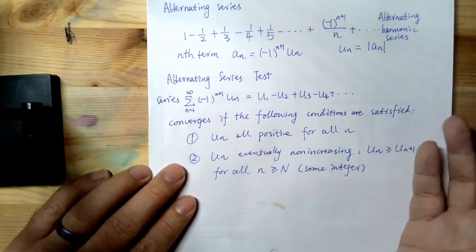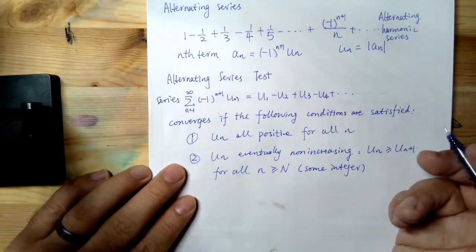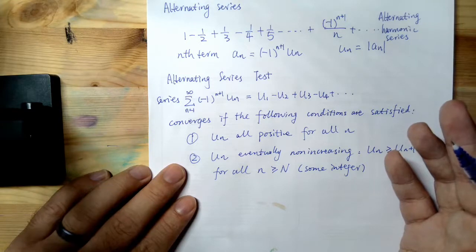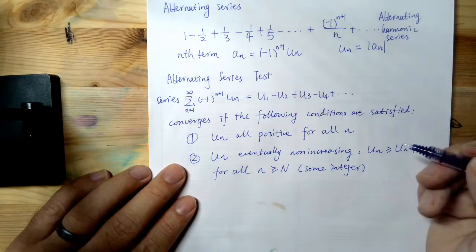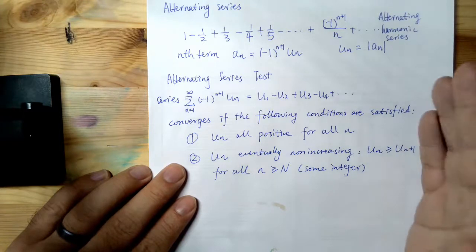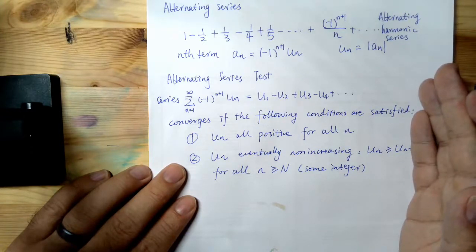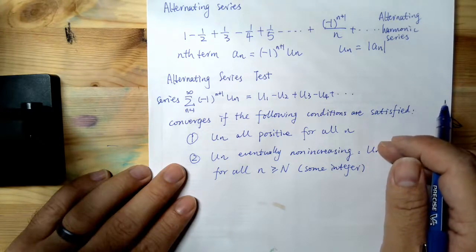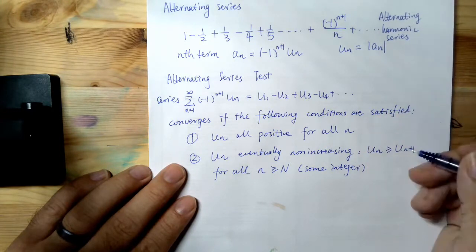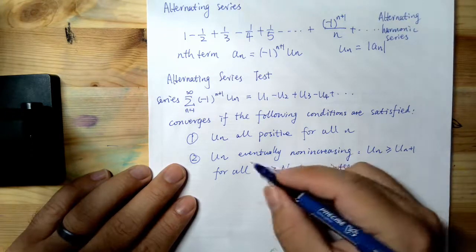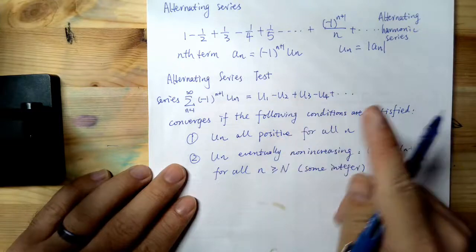As long as it's a finite integer, it's good to go. Because the idea is, even if you have an increasing pattern for the first N integers, but after that you follow this pattern, overall the series might still converge. So that's why it's eventually, not starting just from the first term.